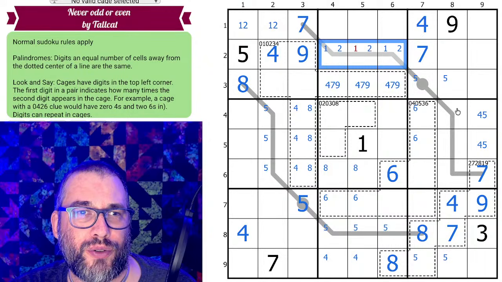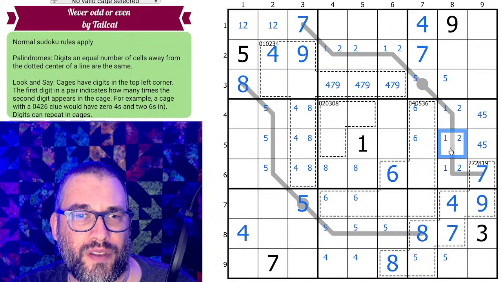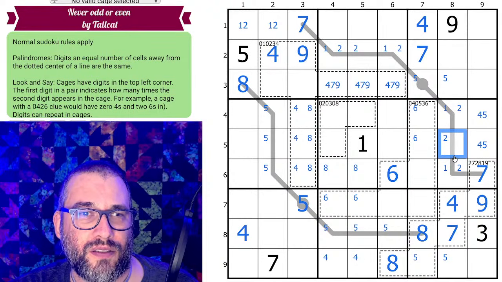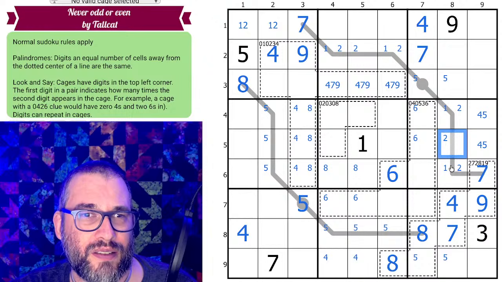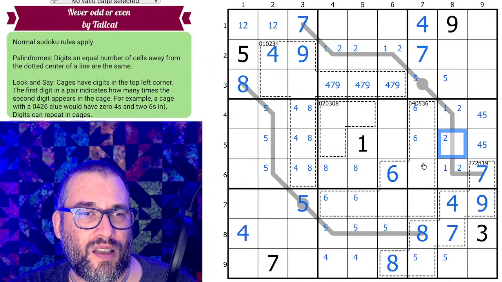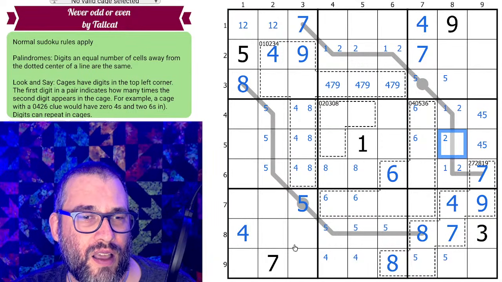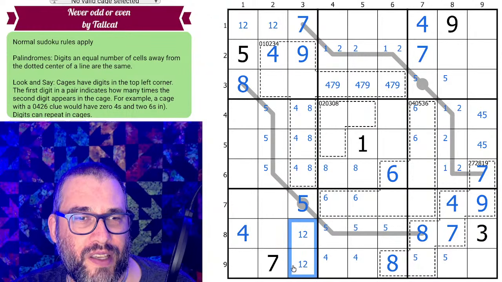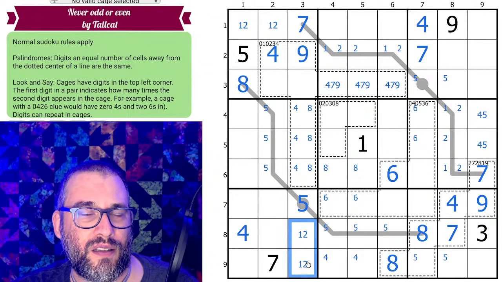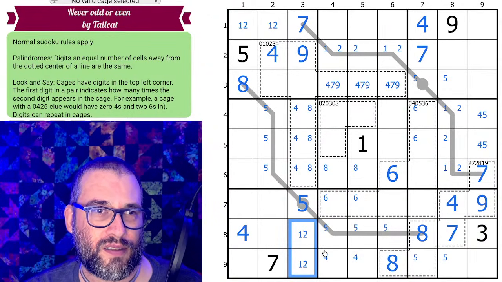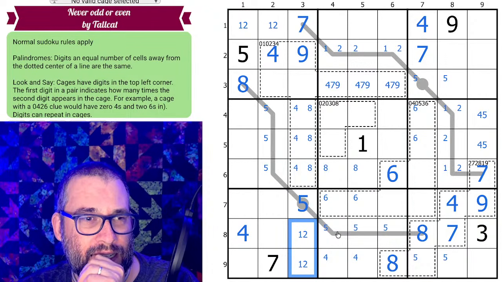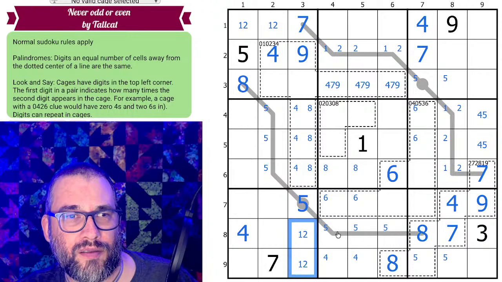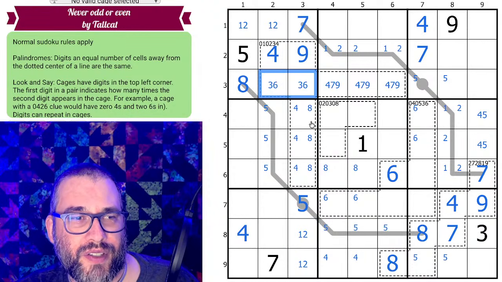So 1 and 2 are on this line, 1 and 2 are on this line. Funny how this one sees both of the equivalent places. Now 1 and 2 go down here. Three, 6 left.